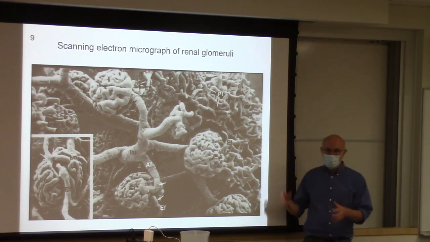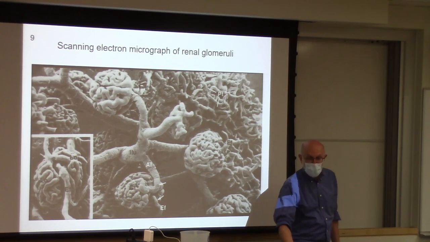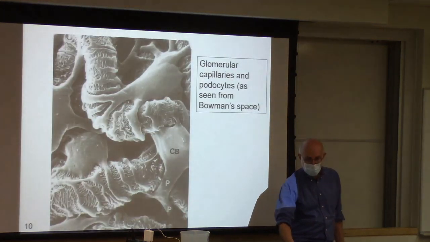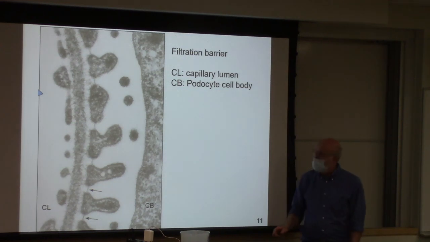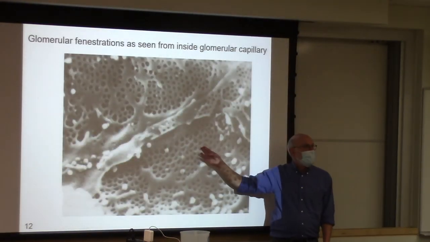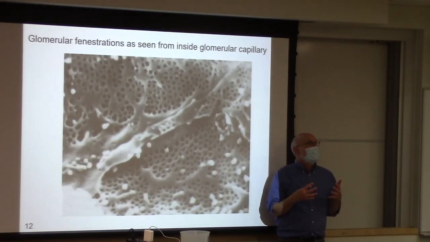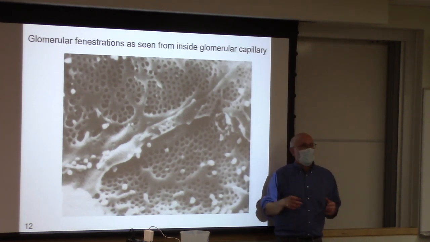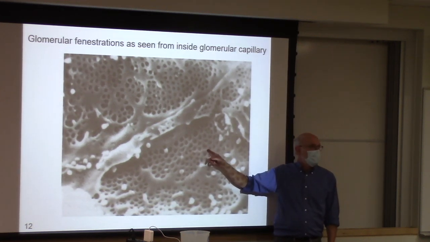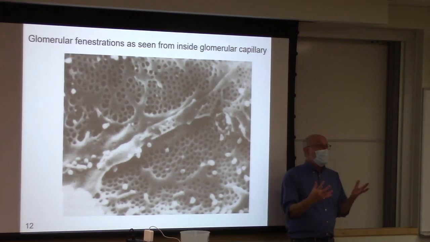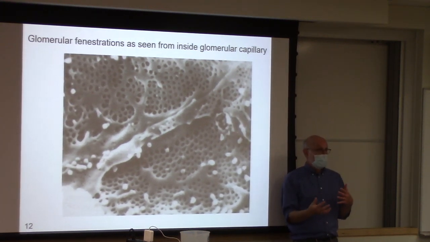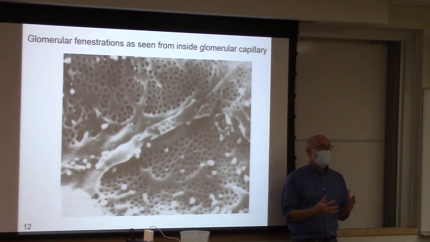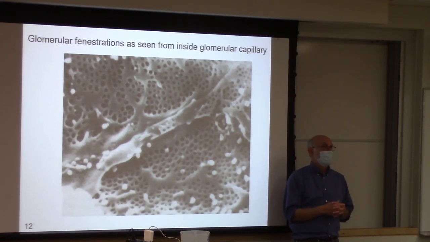Proteins, especially albumin, are just at the limit between small and not small. So with higher pressure, a little bit of force, you can squeeze some albumin through these holes. But a lot of albumin in the urine is indicating kidney disease.